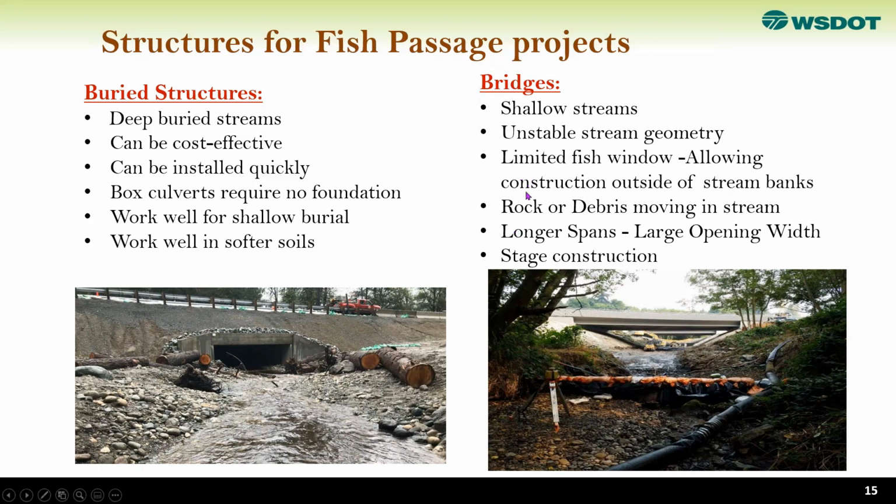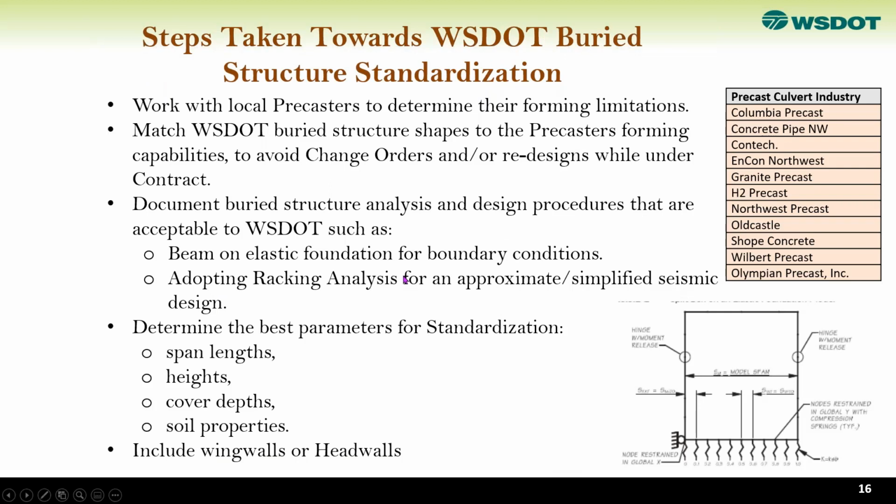And there are other cases where bridges could be used: when we have a shallow stream, unstable stream geometry, limited fish window, rock or debris moving in the stream, and a longer span, large opening, stage construction. So we do both buried structures and bridges. This presentation is focusing on the buried structure part of that.